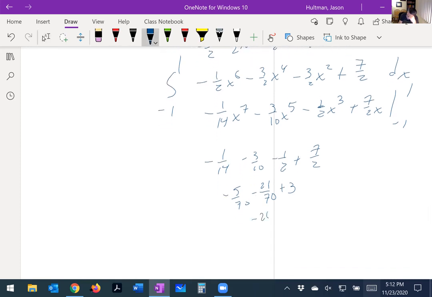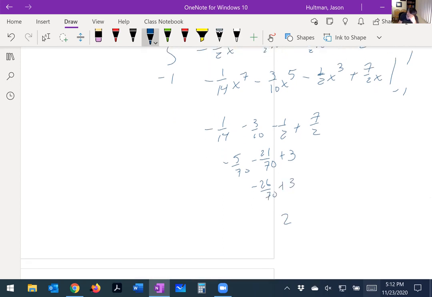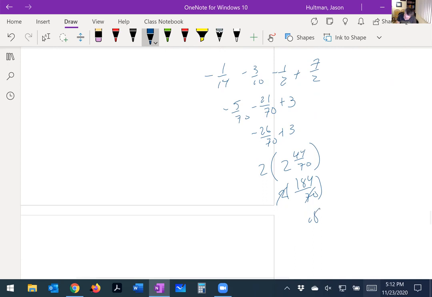This is going to be -26/70 plus 3, which is going to be 2 and 44/70. Multiply the whole thing by 2. This is going to be 184 over 70 times 2. Cancel it out, we get 184/35.